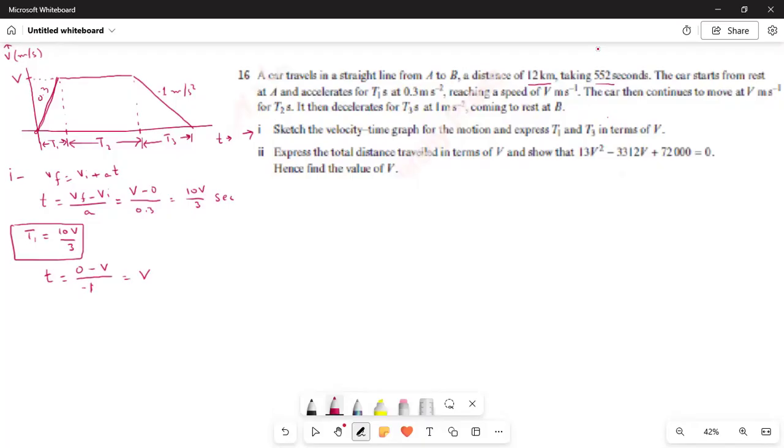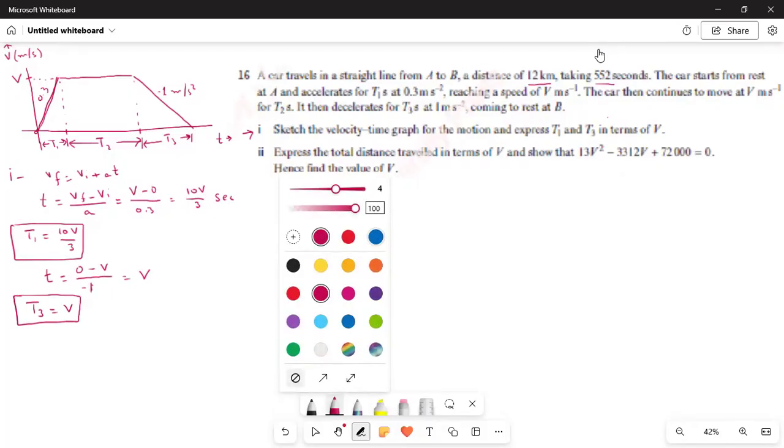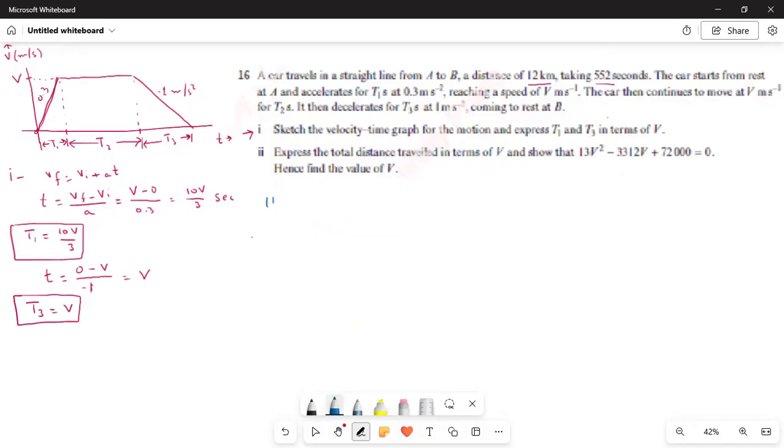So this section, t3, is equal to v seconds. So we found t1 and t3 in terms of v, and we finish this part. Let's move on to the second part now: express the total distance traveled in terms of v and find the value of v.